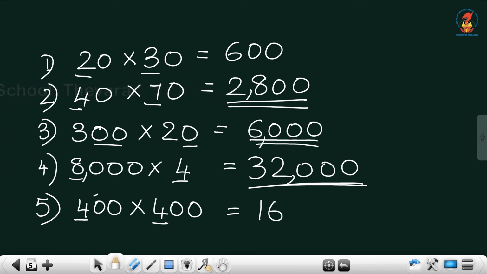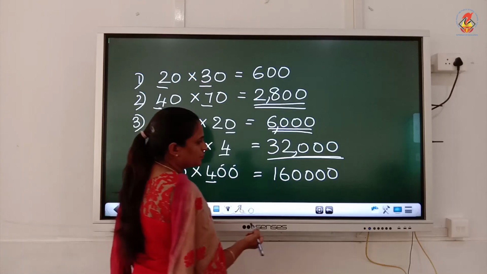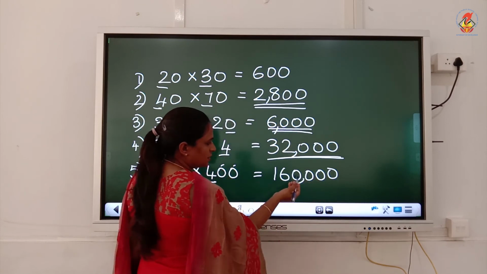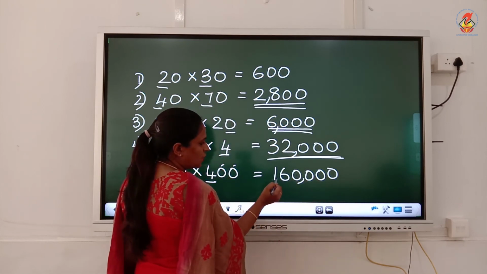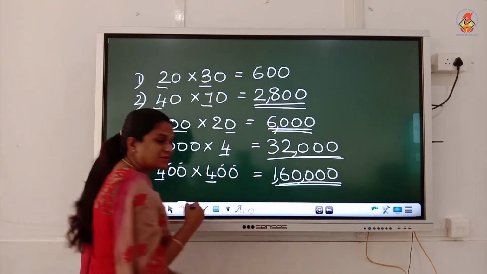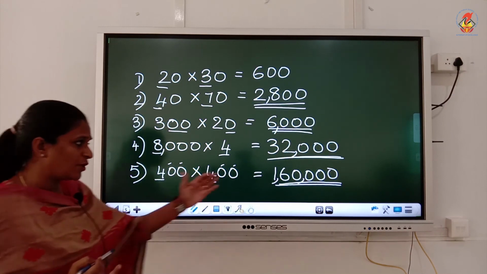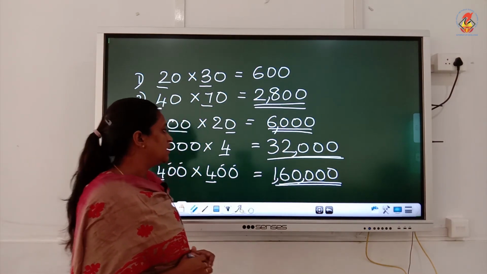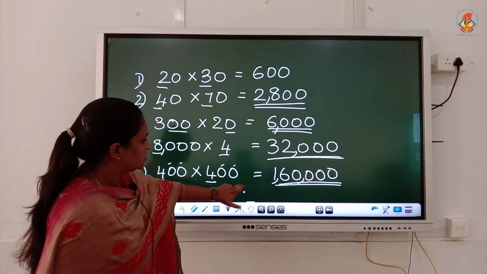How many zeros are there? 1, 2, 3, 4. 4 zeros. Got it? Now how to put the comma? Ones, tens, hundreds. Separate. 1,000, 10,000, lakhs. These are just examples I have shown you. You don't have 6-digit numbers to study in this class. Just an introduction, that's all.